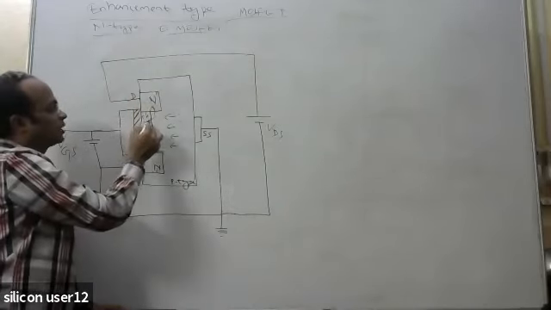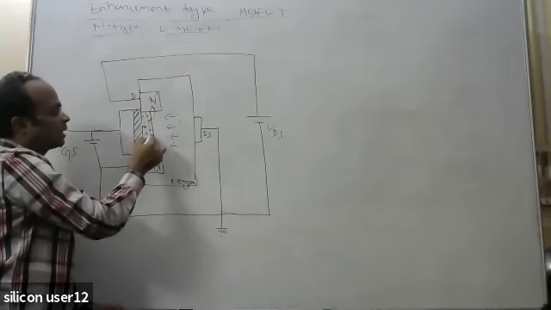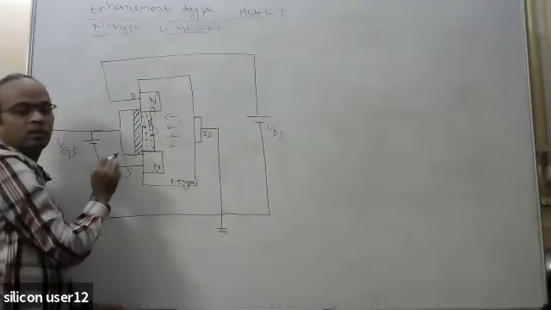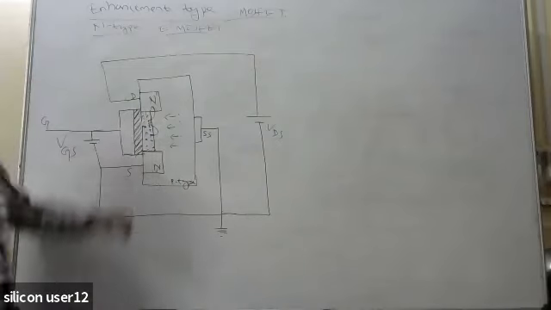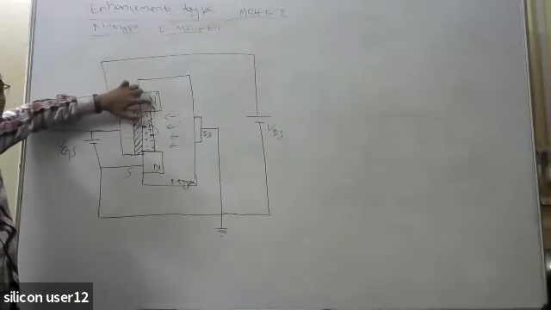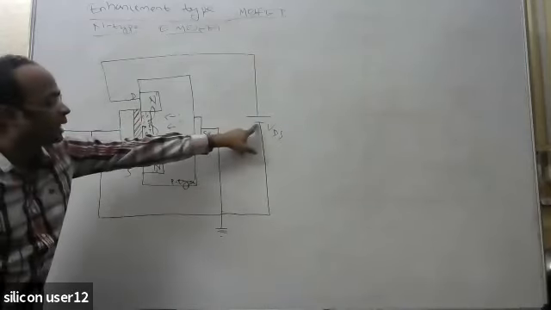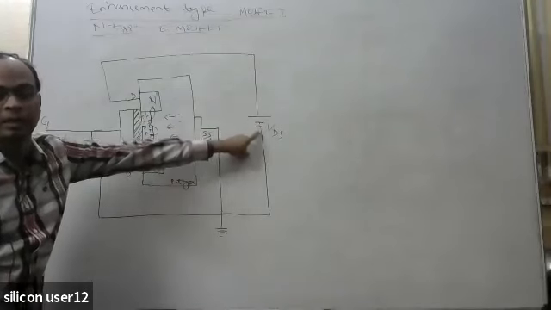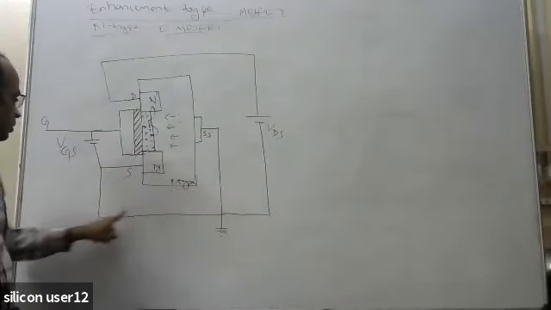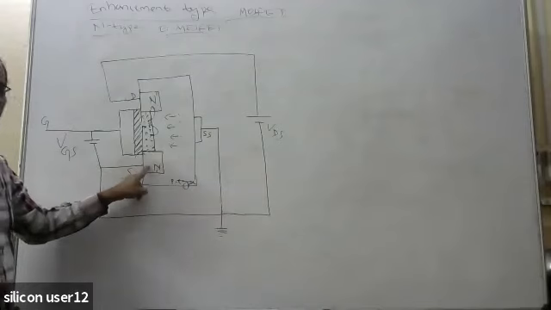Once this electron is shifted, another electron comes here. All the electrons are shifting by one position. This electron is shifting here, this one is moving here, this one is moving here. The electron from the negative terminal of the battery is coming and reaching the source terminal.